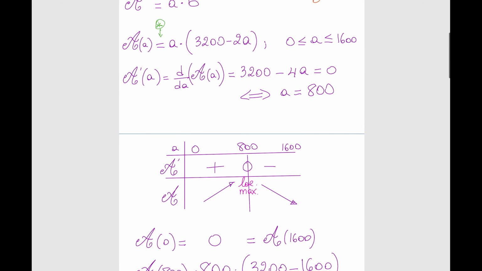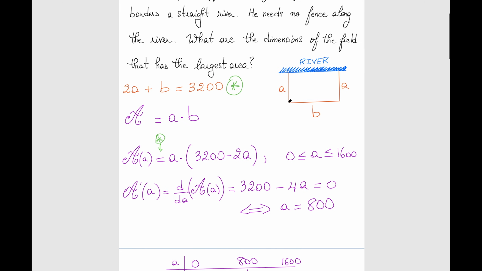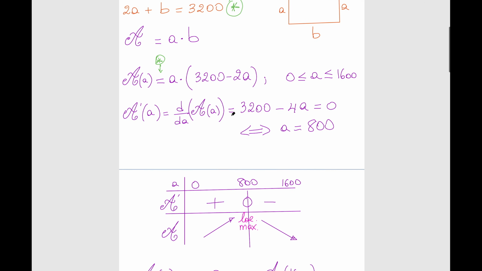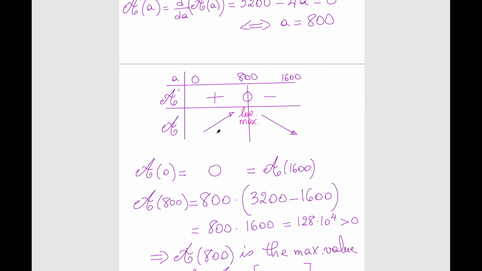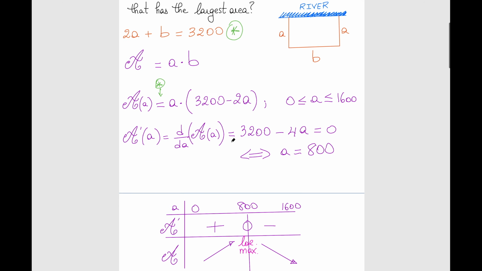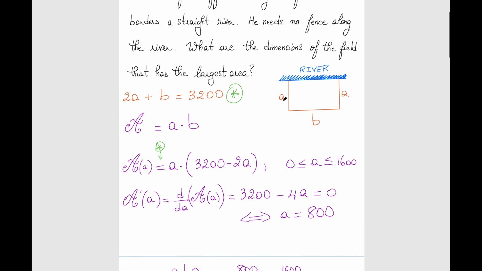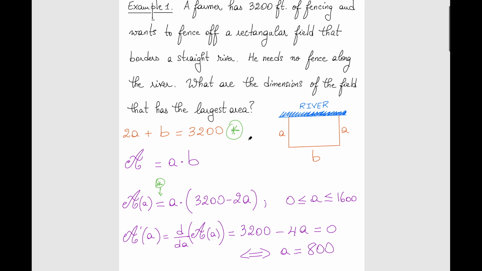The question is, find the dimensions of the field which has the largest area. We know now when that area happens, the largest area. It happens when little a is 800, right? So when little a is 800, so that the area is reaching its maximum of the rectangular field.